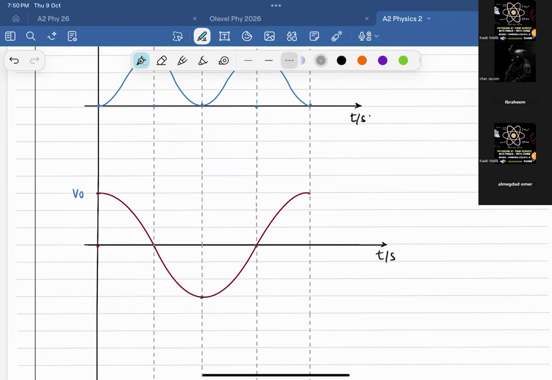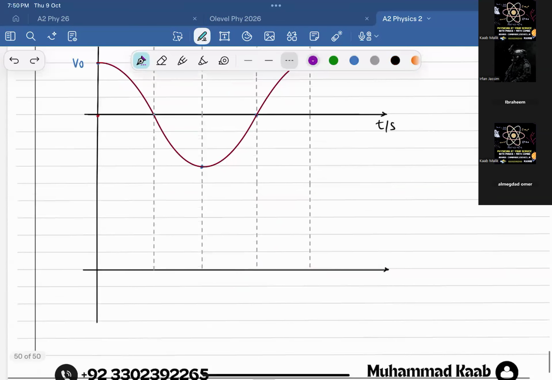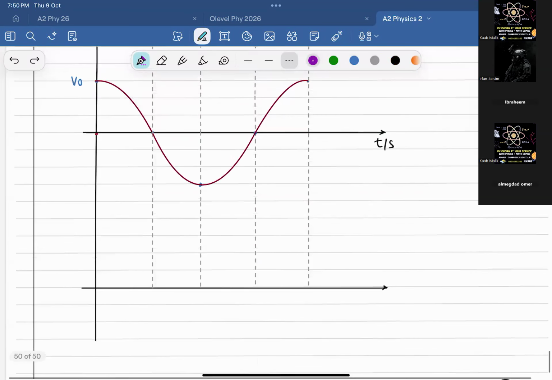Now, if we draw the kinetic energy graph, it would look like this.